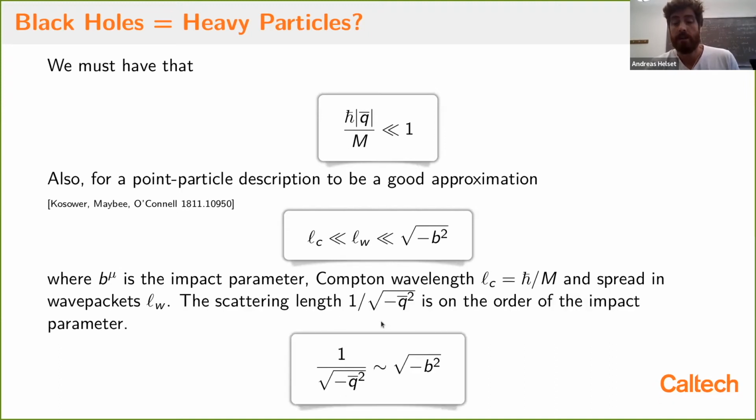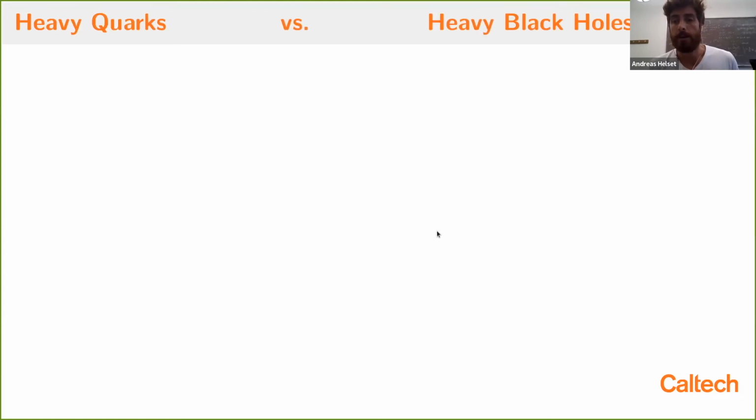And lastly, the scattering length, which is 1 over q, is on the order of the impact parameter there. This Fourier transform is just this b and this q here. So we see that the h-bar expansion precisely coincides with this outermost inequality for the point particle description to be valid. That means heavy quark theory precisely gives us the description that we're interested in.